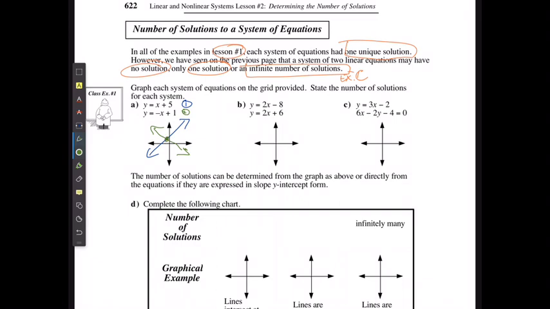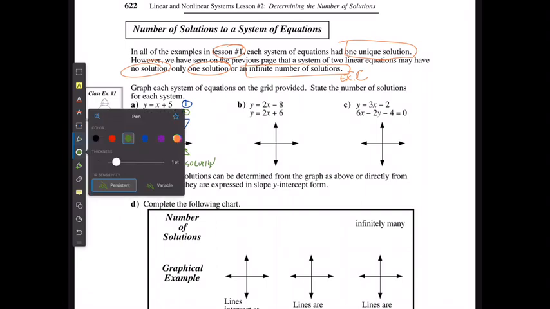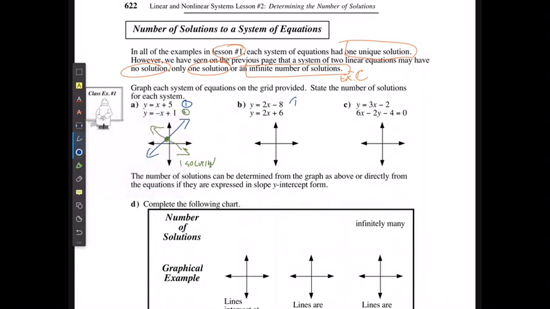And in this case, I'm going to have one solution. It crosses once and will never touch again. In the second case, equation 1 is going to look like this, and equation 2 is going to look like this. And because there are two parallel lines, there is no solution.